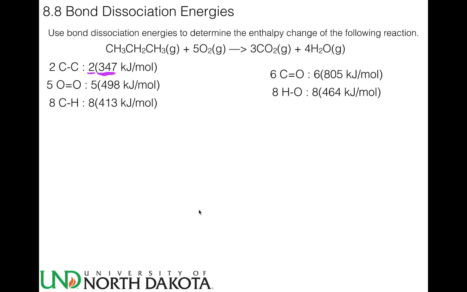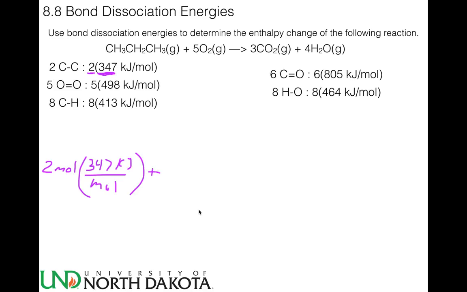And so what we'll do is take our sum of our bond dissociation energies of our reactants. We will do 2, and that is 2 moles of that bond, times the 347 kilojoules per mole. This is for our carbon-carbon bond.